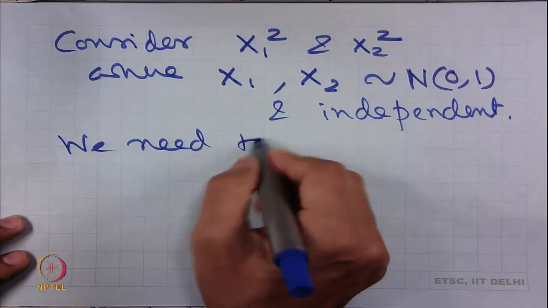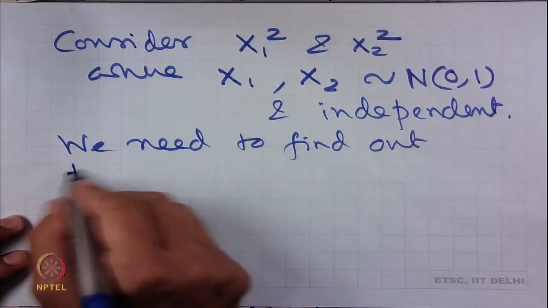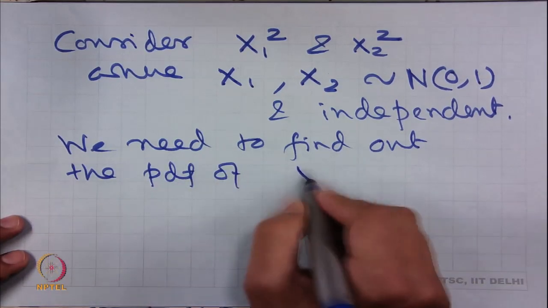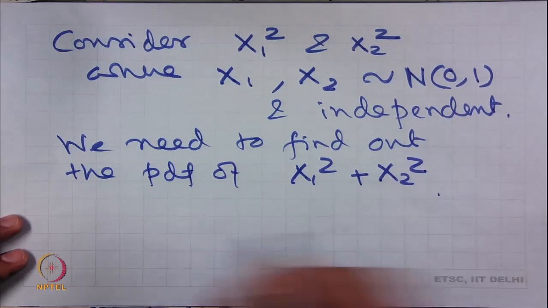We need to find the PDF of x 1 square plus x 2 square.